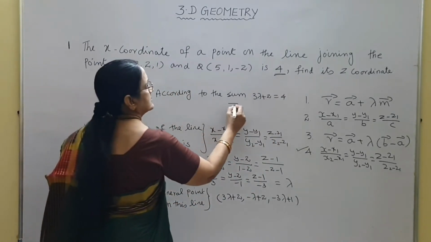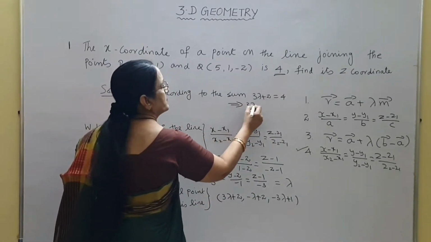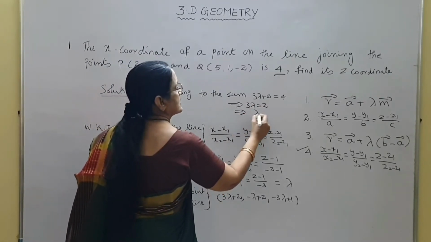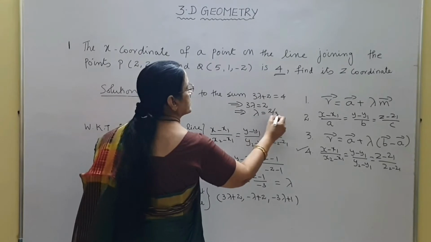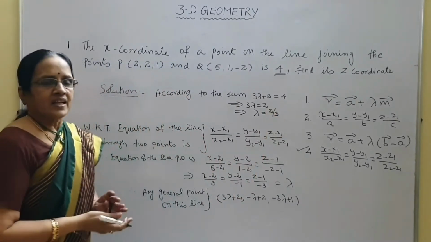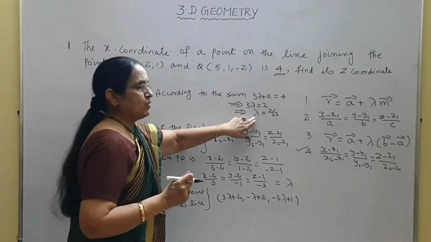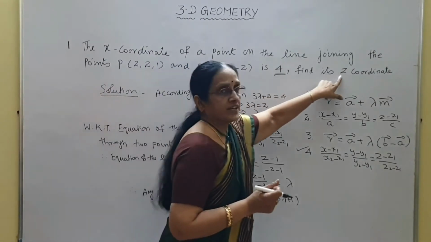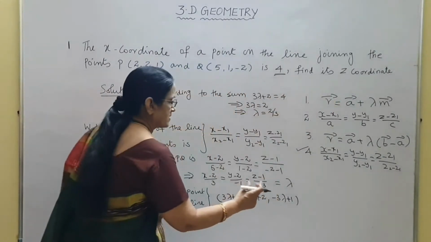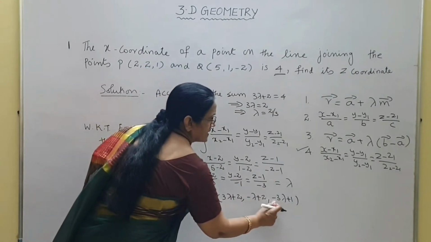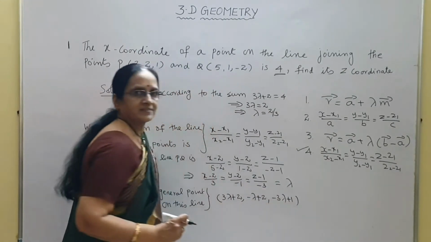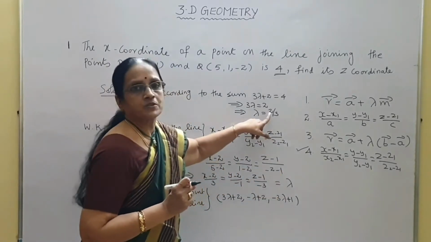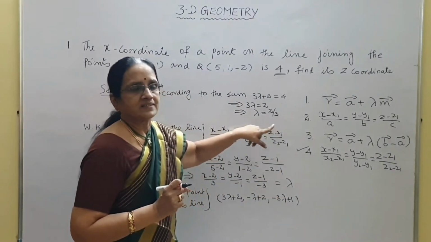This implies 3 lambda is equal to 2, which will give us lambda is equal to 2/3. Now that I got the value of lambda, I can easily write the z coordinate, because the z coordinate is nothing but -3 lambda + 1. Here in the place of lambda, I have to substitute 2/3.